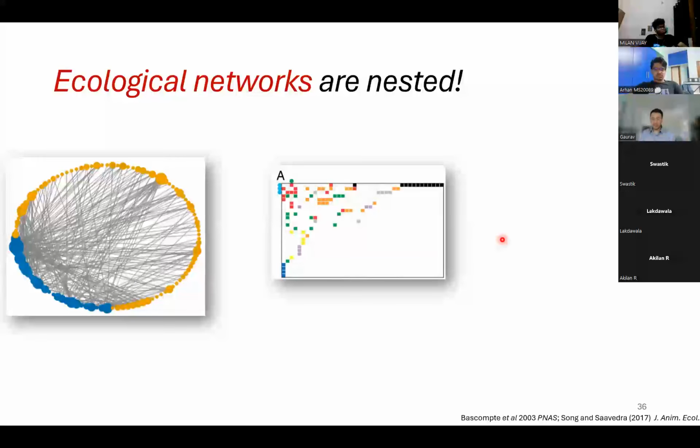Now, such ecological networks, such as this particular one, are very nested. What do I mean by nested? If you graph this plant-pollinator bipartite network as a matrix, where the rows denote the plants and the columns denote the pollinators, then the structure of such an interaction matrix will look like this.